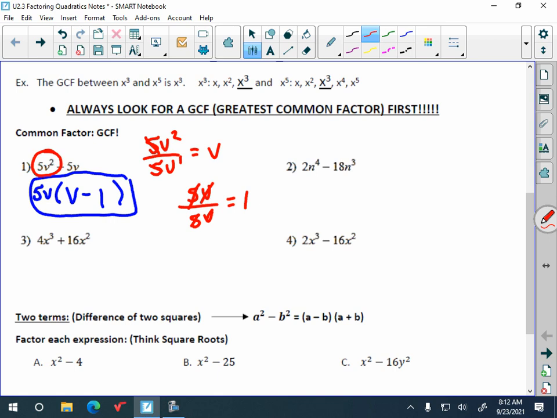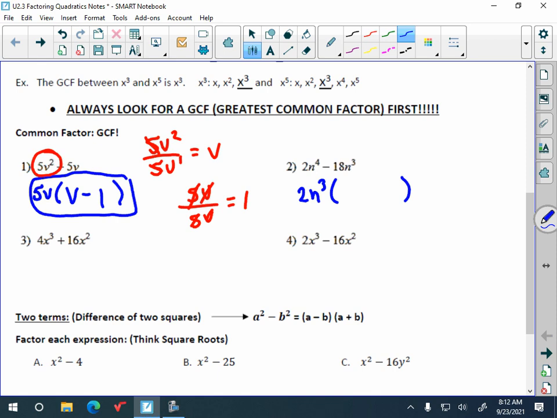All right, number 2. What would the GCF be? Yes, 2n cubed. All right, so 2n cubed goes on the outside. All right, now we're going to take each of those two terms and divide them by 2n cubed.